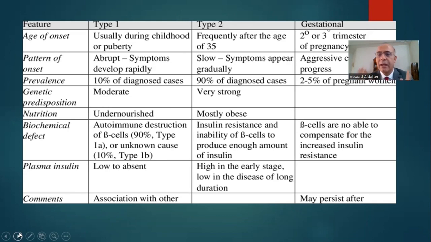So if the sugar is very high and the patient is in a young age group, insulin deficient, we treat him as type 1 diabetes, while they will get, of course, the autoimmune destruction markers.